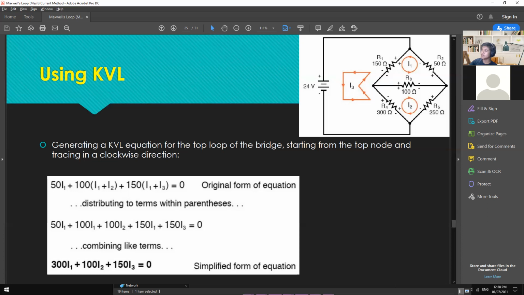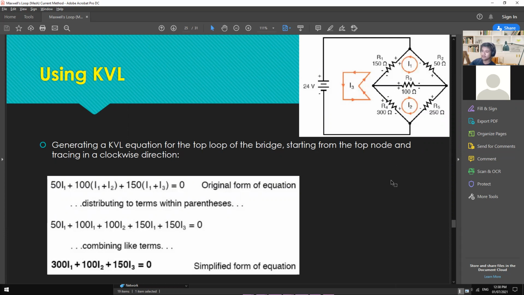So it's positive R2 times I1, which is now this one. And then in here, we have positive R3 times I1 plus I2, since they have the same flow of current. And then in here, we have positive R1 times I1 plus I3. So it's still positive since they have the same flow of current.